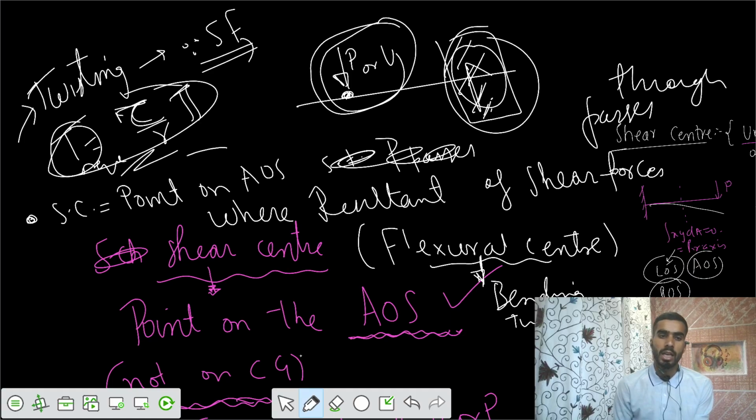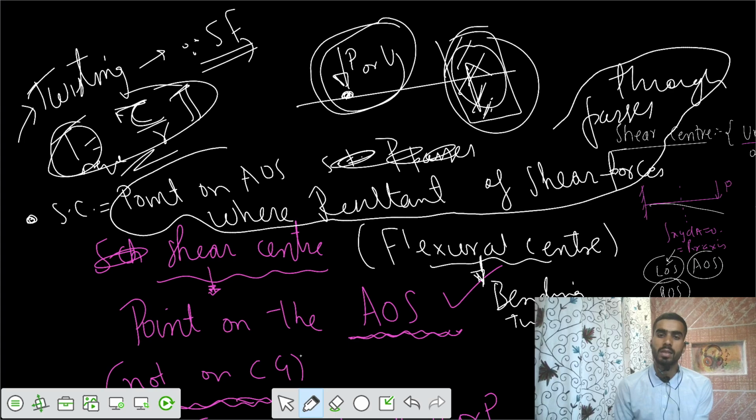So if the point on the axis of symmetry is where the resultant of the shear forces passes, we call that point the shear center.